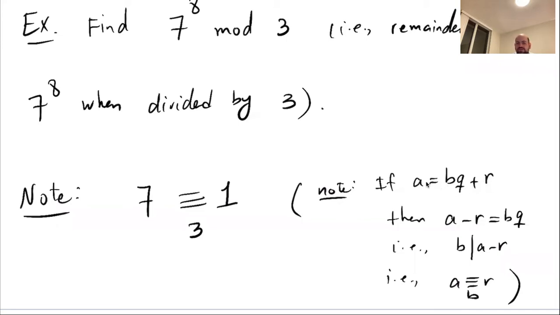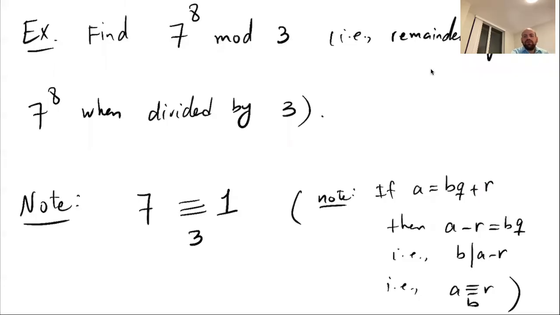That means a is equal to bq plus r. If I take r to the other side, I get a minus r equals bq. That means b divides a minus r, because a minus r is a multiple of b. And b divides a minus r means a and r are congruent mod b. That's the definition of congruence.